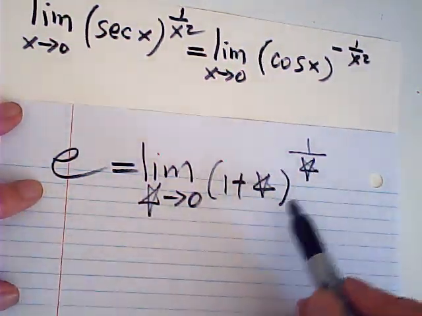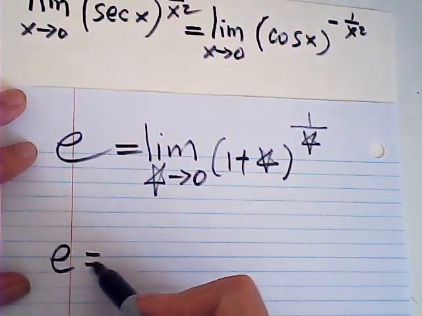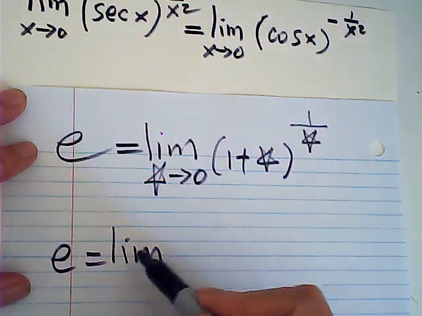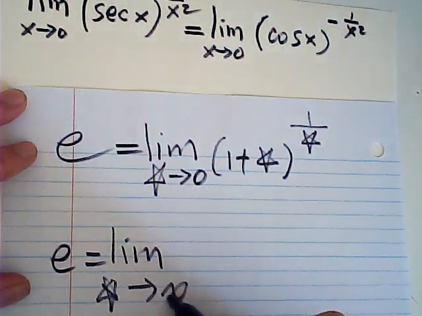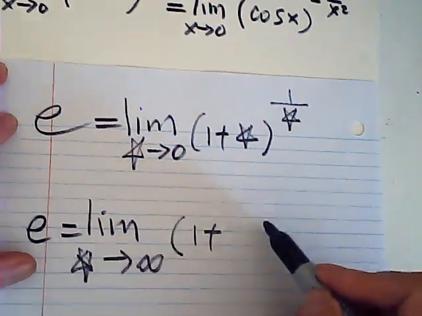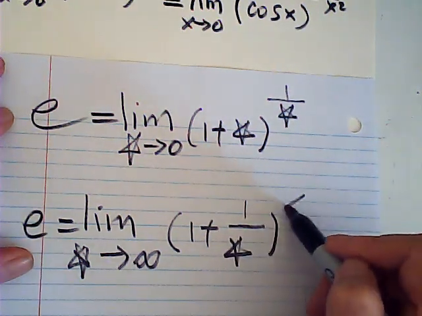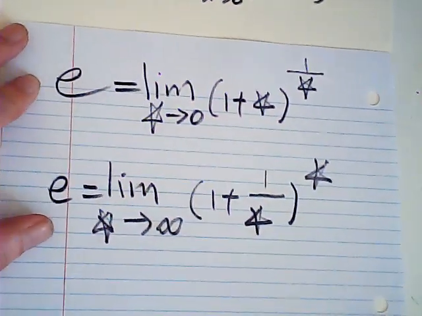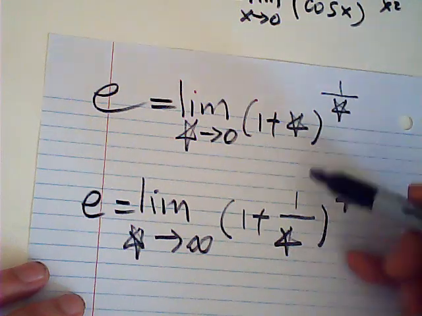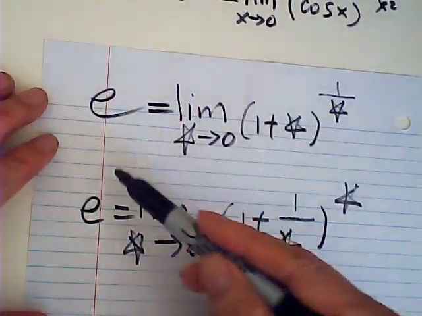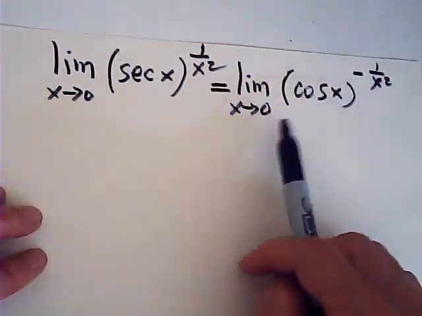So this limit is e. Or there's another way: something goes to infinity, 1 plus 1 over something to something. This is also e. Okay? This shows where e comes from. Now let me continue with this one, all right?